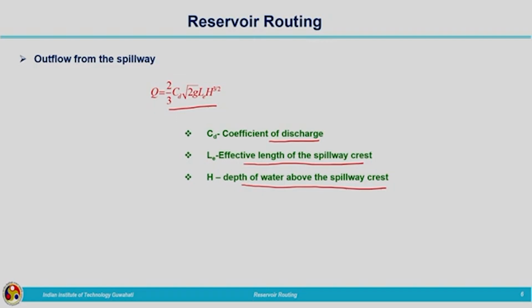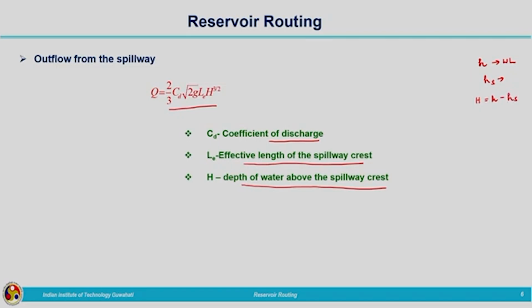So, that is having a certain level, then the difference between these two will give us capital H. That is, if small h is the water level in the reservoir and small hs is representing the bottom level, the sill level of the spillway, then we can write capital H is equal to small h minus hs.